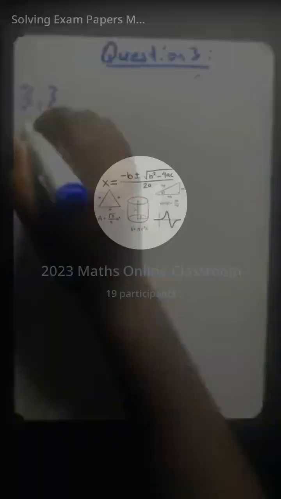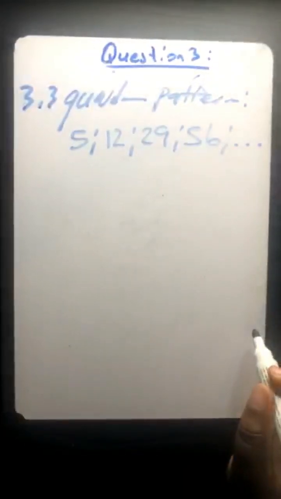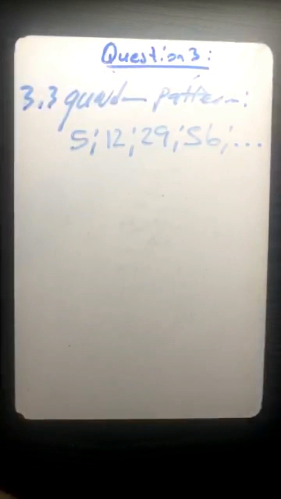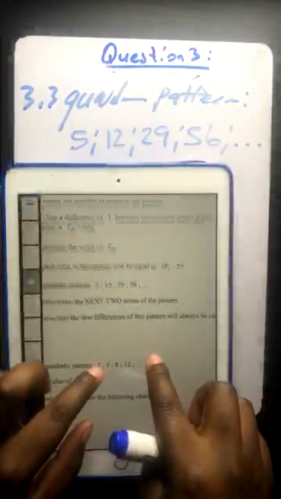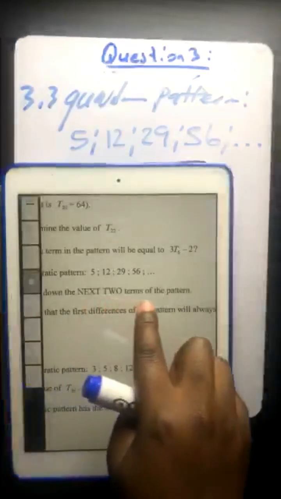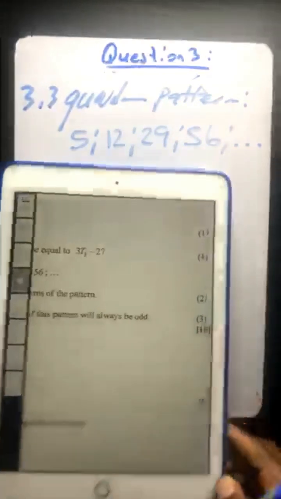Let's see, 3.3, they are saying consider a quadratic pattern: 5, 12, 29, 56, and so on. The question says, write down the next two terms of the pattern, and this question is allocated 2 marks.